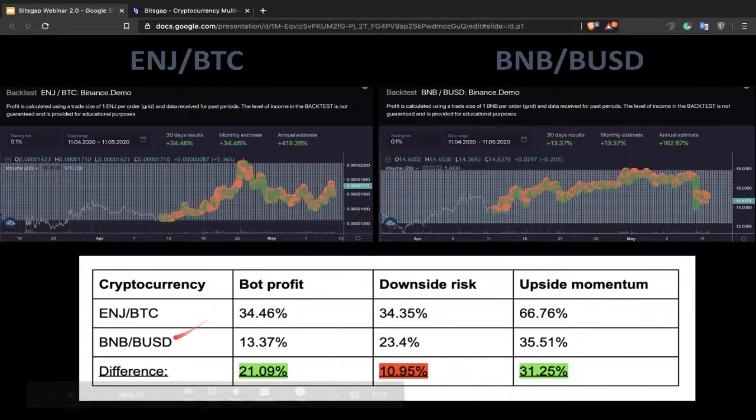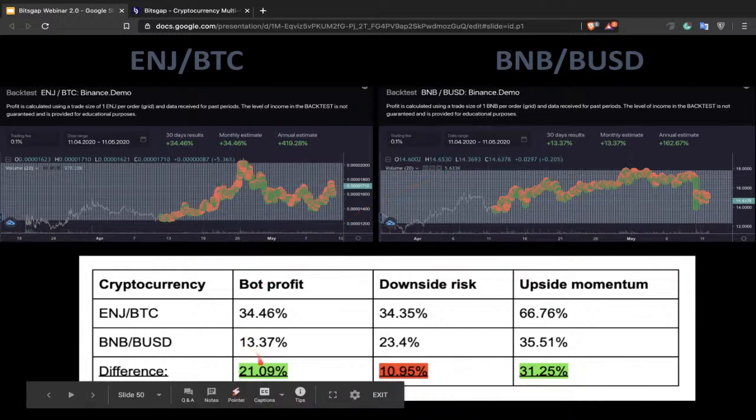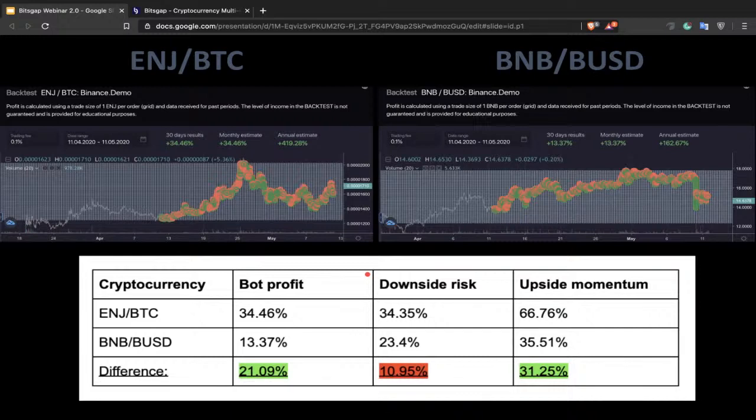And in case of BNB, we have a lower return by almost 3 times, but we have a lower risk for that return. All right. So using backtesting, you can find those cryptocurrencies that, in your opinion, from your trading style perspective, offer you optimized returns.